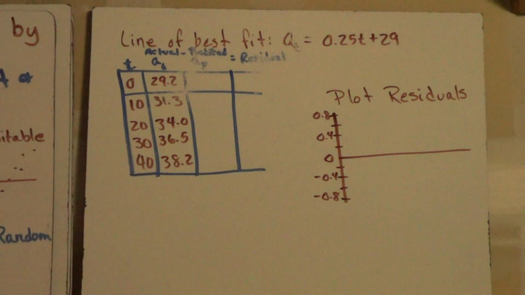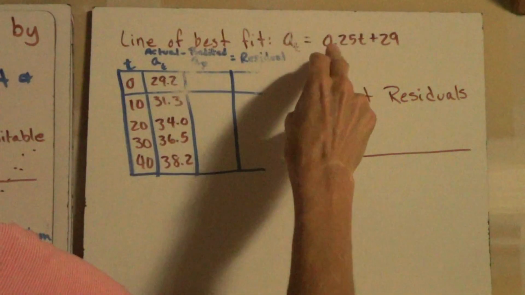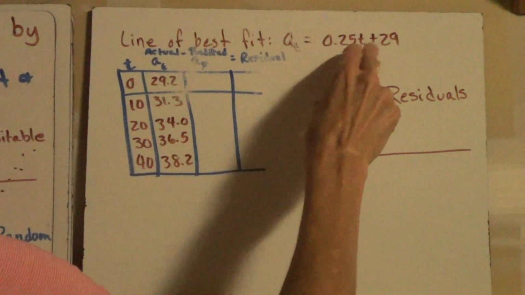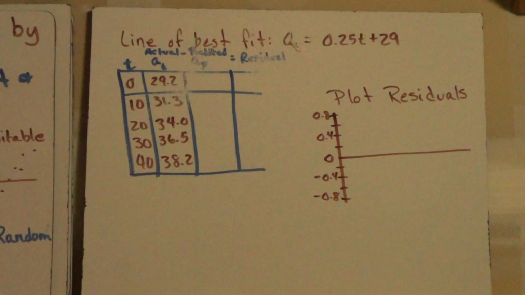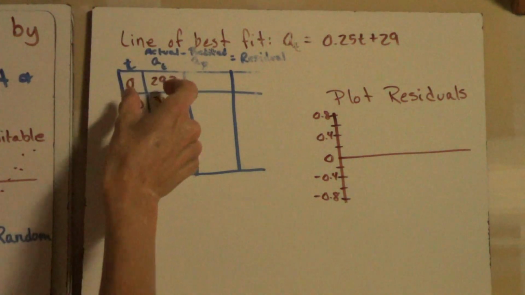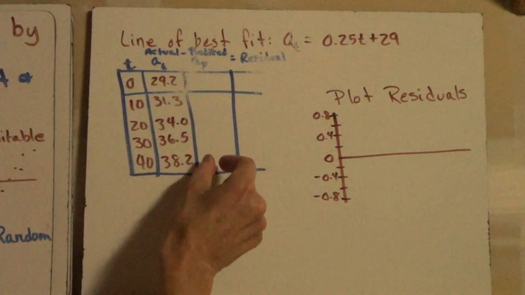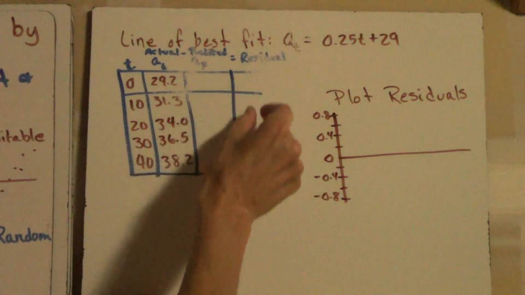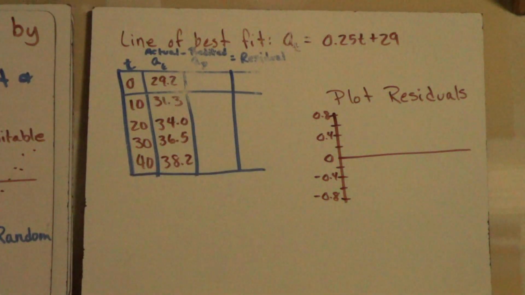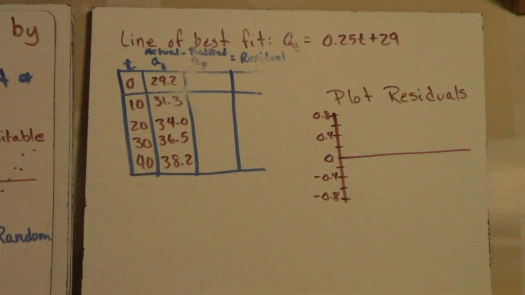Line of best fit that we just figured out was 0.25t plus 29. So now we want to take what the actual points were and plug in what points we get with our line of best fit and then discover the residual. It's easiest to grab a calculator to do this, but all that we're going to do is plug in the values into this equation.